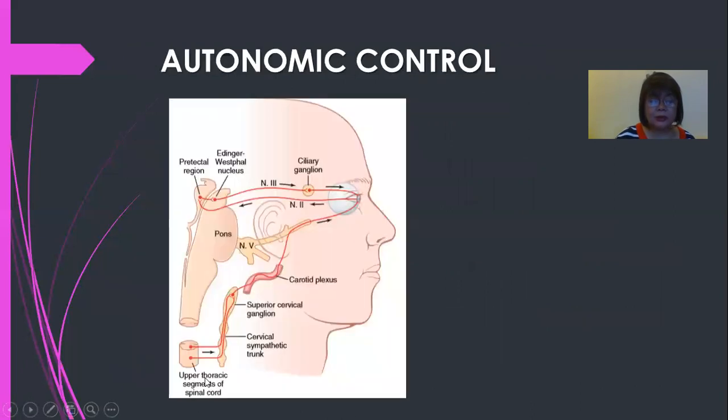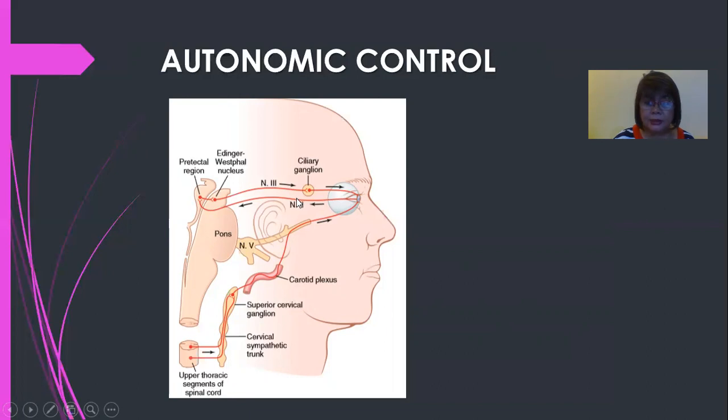the pupillary reflex. For example, you can see doctors testing the pupillary reflex by pointing a light to the pupils, and what is the reaction? The pupils constrict. So light is suddenly placed in front of the eye.